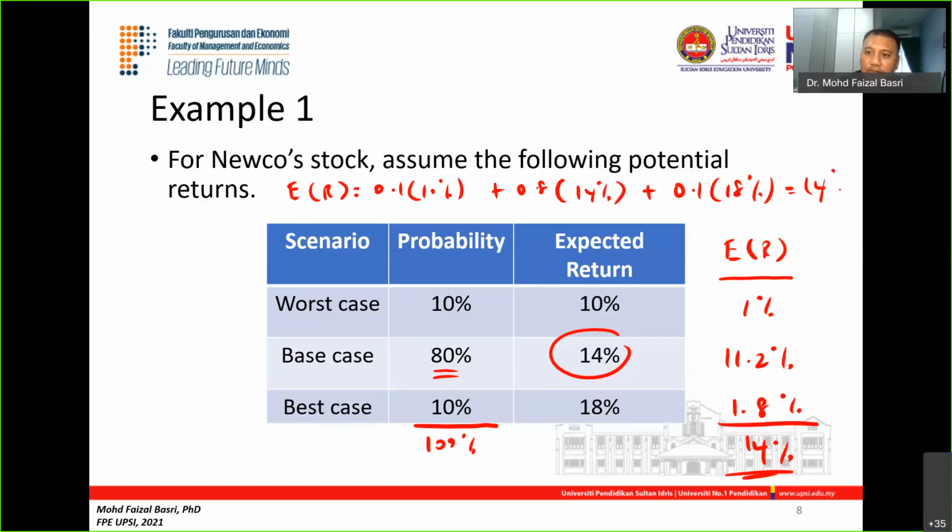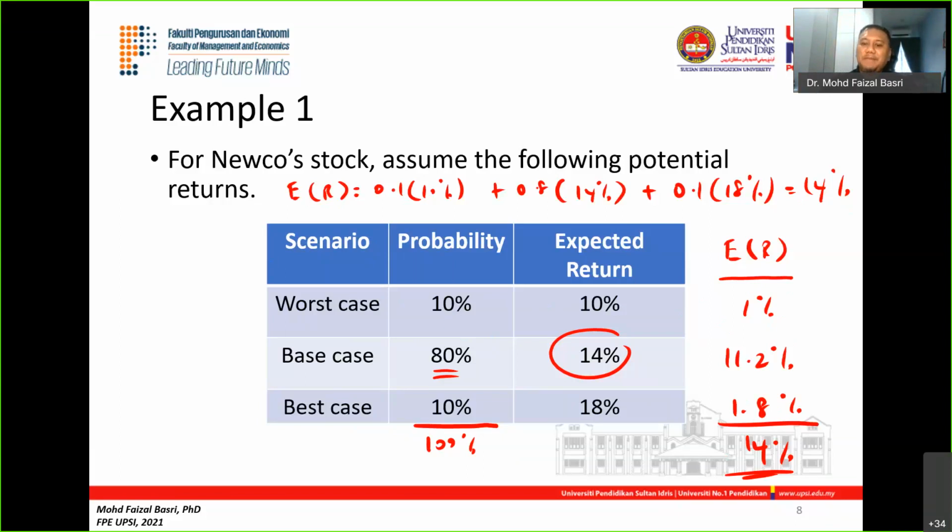So that gives you 14%. It's up to you whether to use this formula or the table. With the table, extend one more column and simply multiply the respective probabilities and the returns, then sum them all to get the ER.